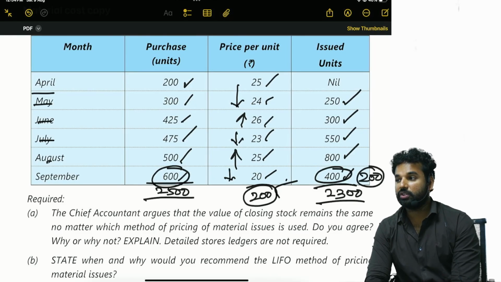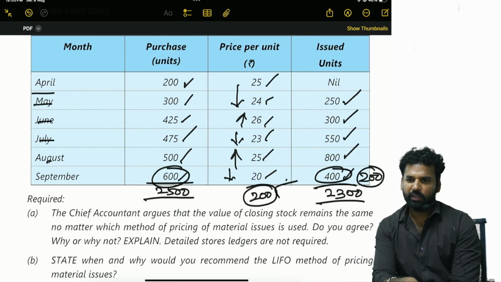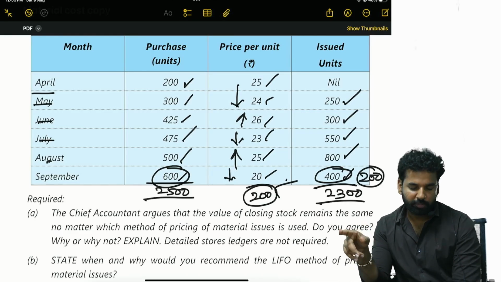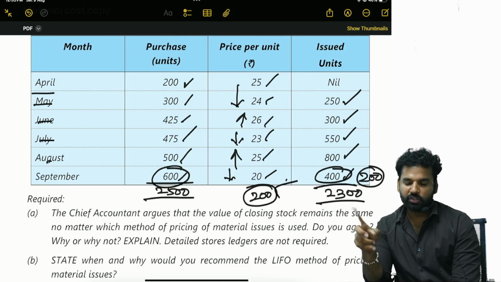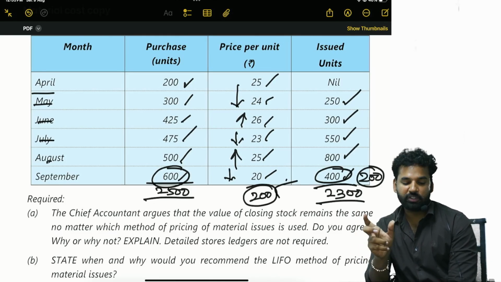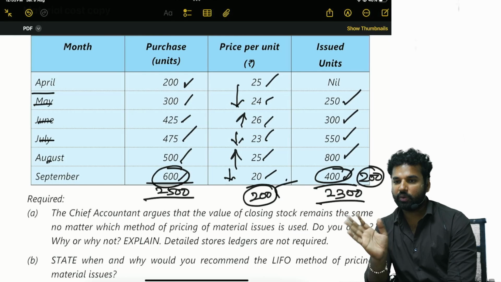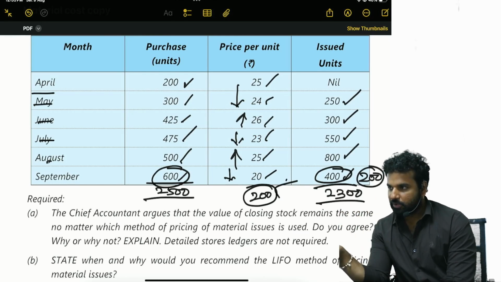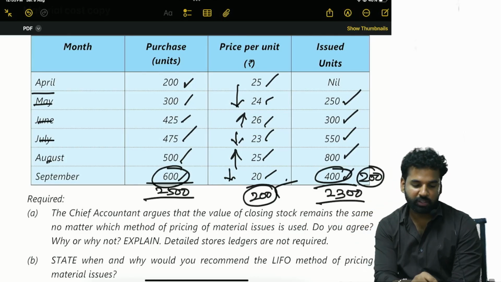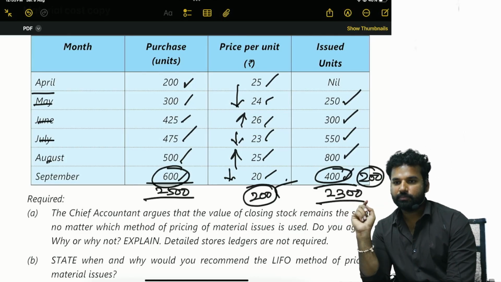There is no closing in August, so there is no opening brought forward from August to September, correct? Because we purchased 600, issued 400, closing stock is 200. We are not just subtracting 600 minus 400. We take total purchase and total consumption and then arrive at a closing stock of 200.